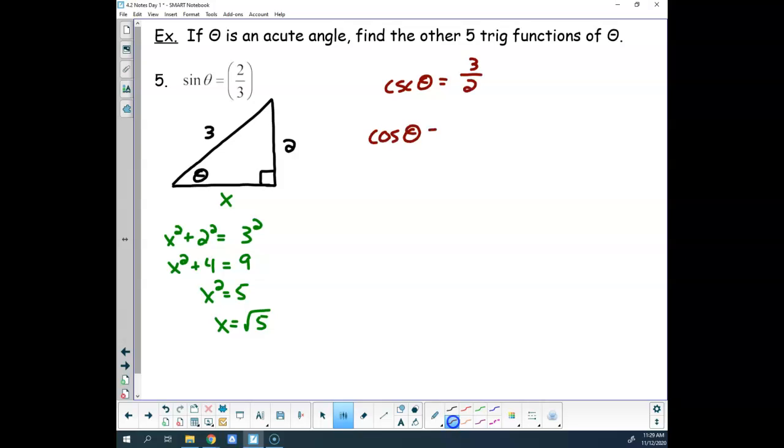Cosine would be square root of 5 over 3. Secant would be 3 over the square root of 5, which would just be 3 square roots of 5 over 5.